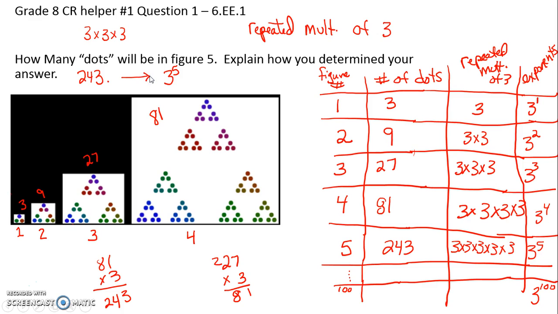So yours involved powers of 2. So hopefully you can figure out which figure has 2 to the fourth power. You can set up a similar chart, but using 2s, obviously, instead of 3s. You don't have dots, you have little boxes or little squares you're looking at to figure out how many. Hopefully that helped. A lot of information in that video.